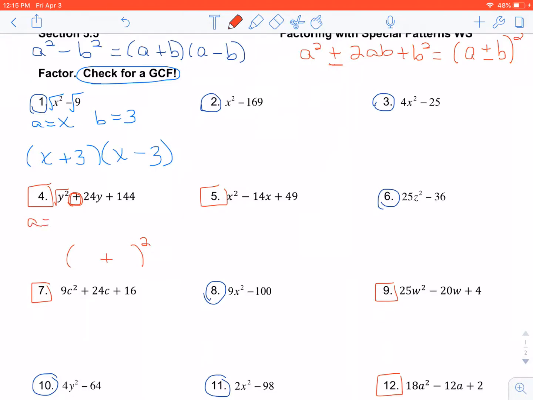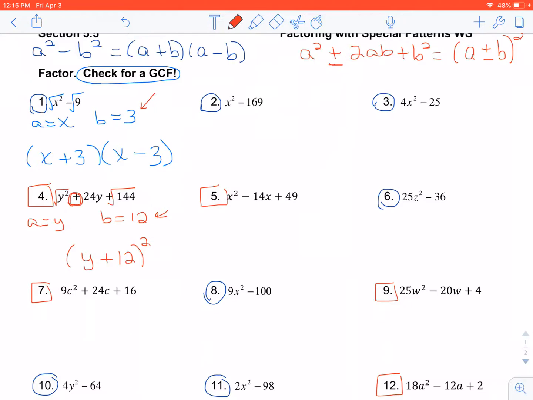The square root of y squared is y. The square root of 144 is 12. I need to see this little work step here. And then we would have y plus 12 squared. So again, 5, 7, and 9 are just like number 4.